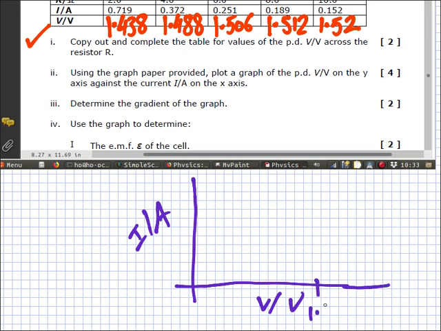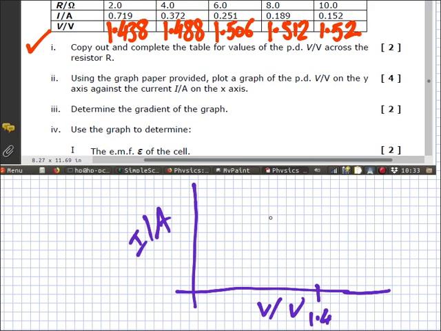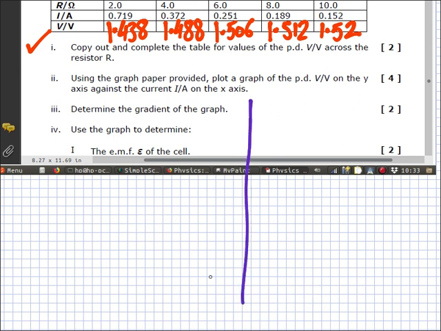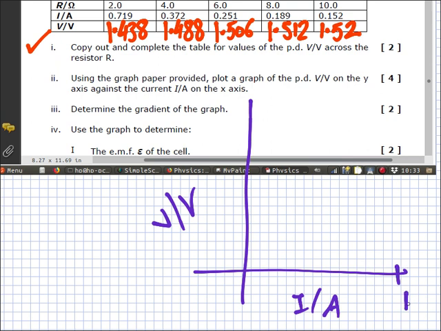Sorry, I have it the wrong way. This side is voltage, and this side is current, and current goes up to 0.75. So I'll just say 1 amp is here. There's half an amp, quarter, 3/4, and the voltage goes up to, let's say here is 1.5.